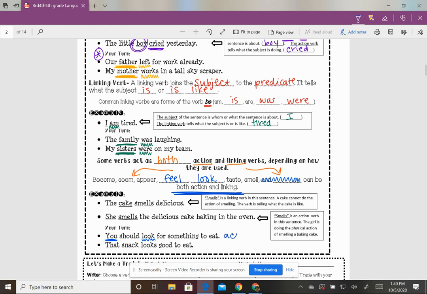This would be where it's an action. You're the one doing the looking. But if I were to talk to you about that snack looks good to eat, I'm talking about snack. That's my subject. And the snack what? The snack looks good to eat. This is linking because we know that a snack can't actually look at you. That would be kind of scary.